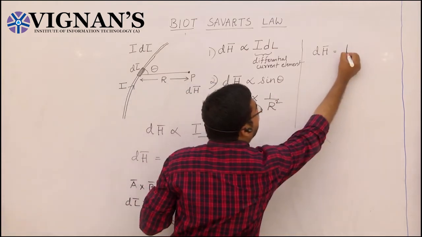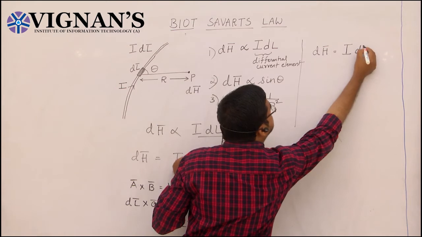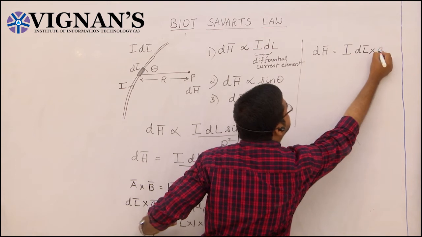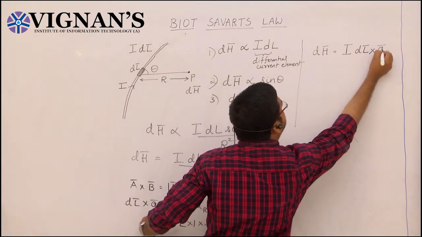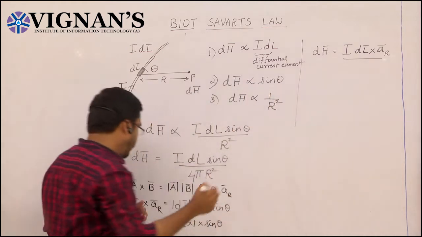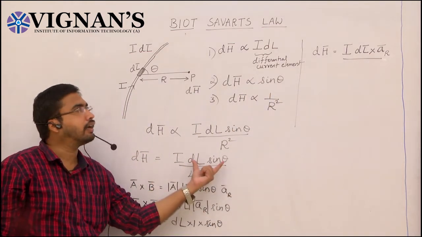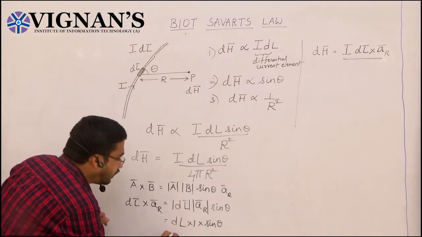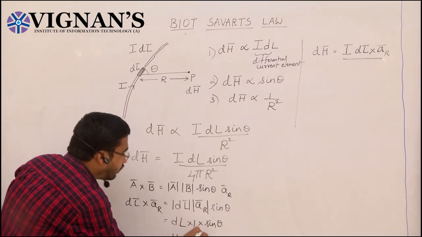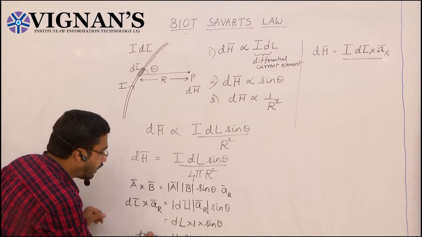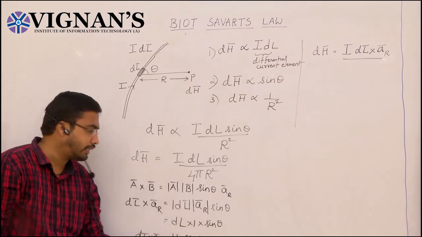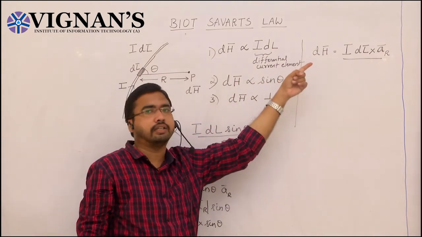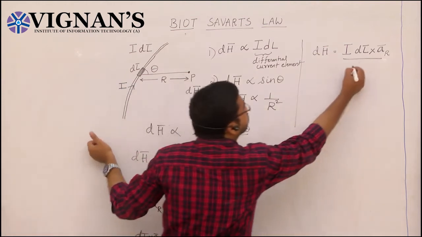So from this we can say that the differential magnetic field intensity dH is equal to I dl bar cross ar bar by 4 pi r square. Simply in the place of dl sin theta I have written dl bar cross ar bar, because dl sin theta is nothing but dl bar cross ar bar, so that you can also know the direction of this magnetic field intensity.